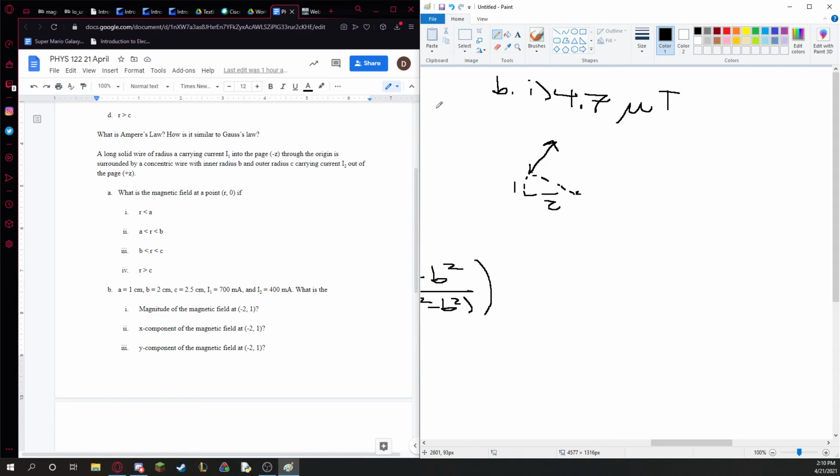So how do we go ahead and actually find the x and y components here? Well, first off, I'd say let's start with finding this angle here, theta. Theta is equal to what?